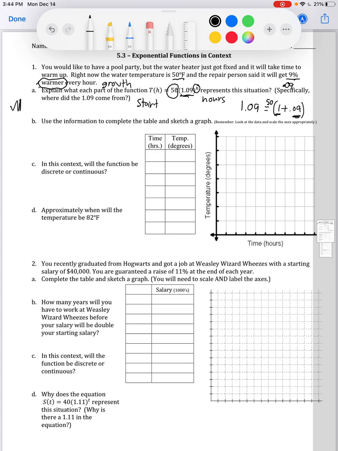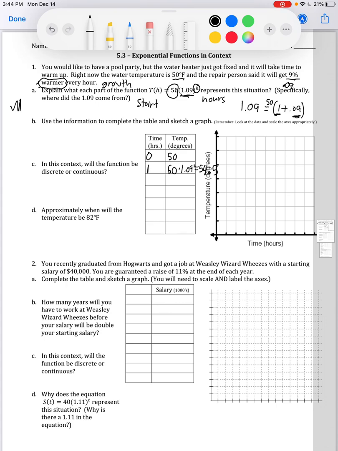Use this information to complete the table and sketch a graph. So at time 0, the temperature is 50 degrees. When the time is 1, we can plug in 1 and 2 for our hours, and we get 50 times 1.09 to the first power, which is 54.5.